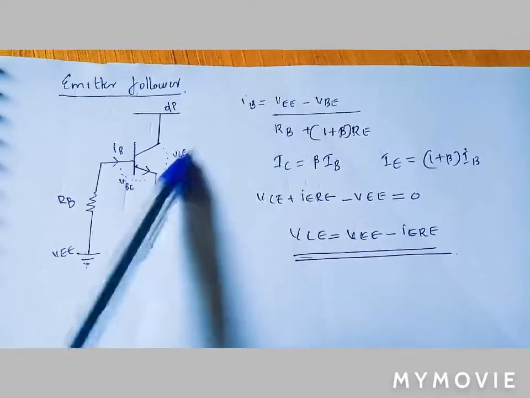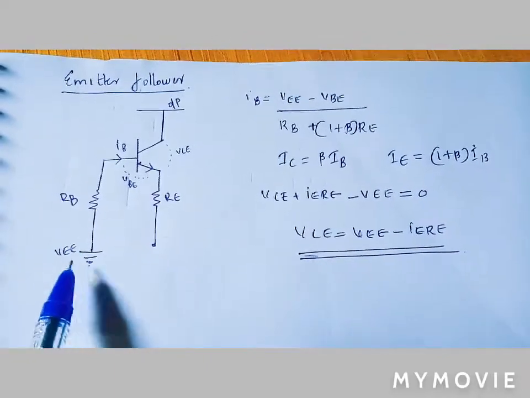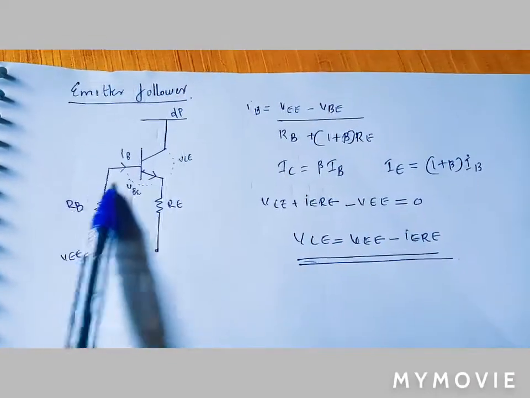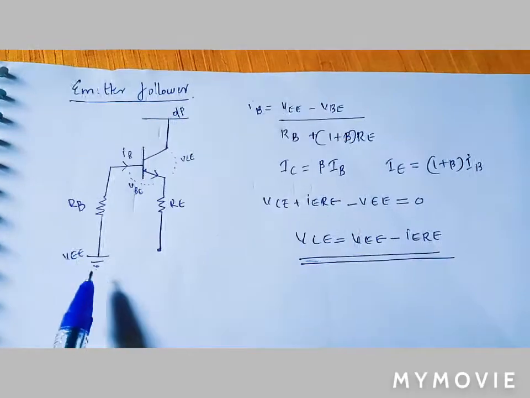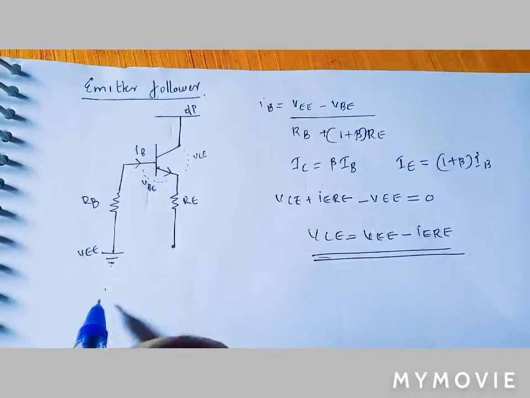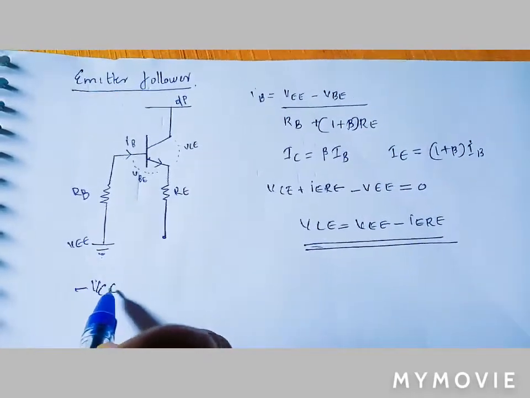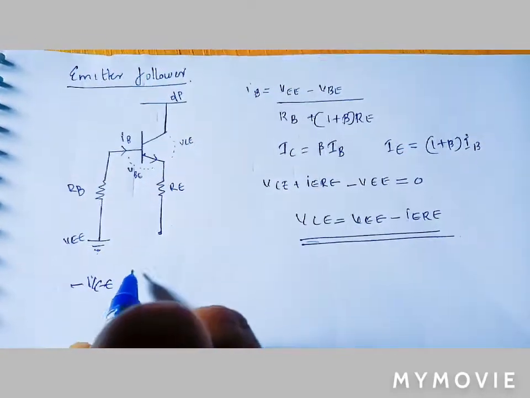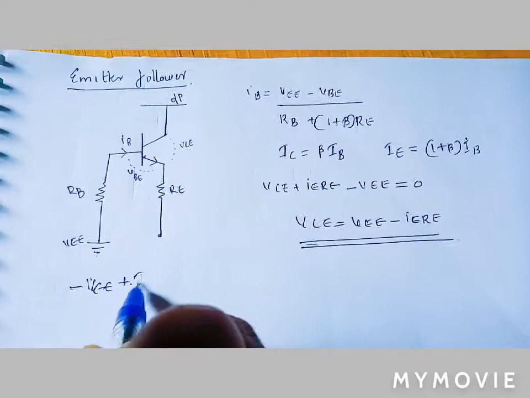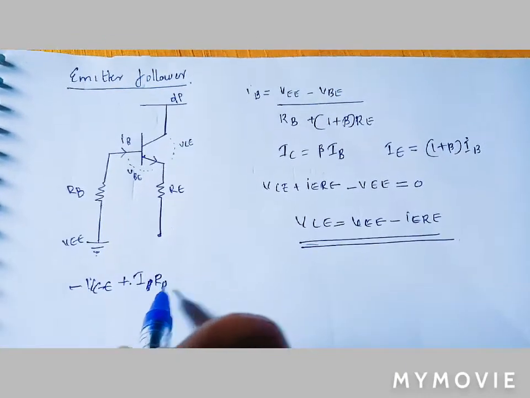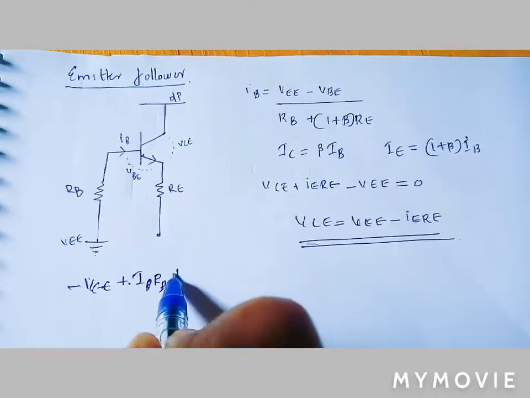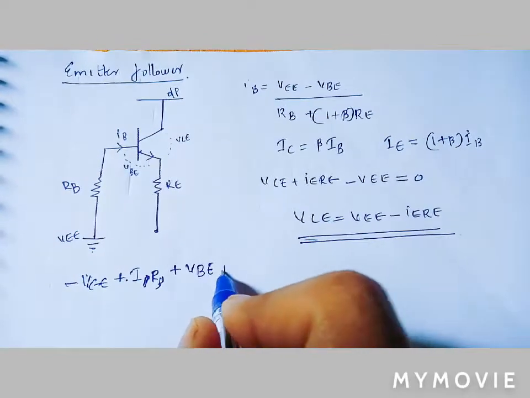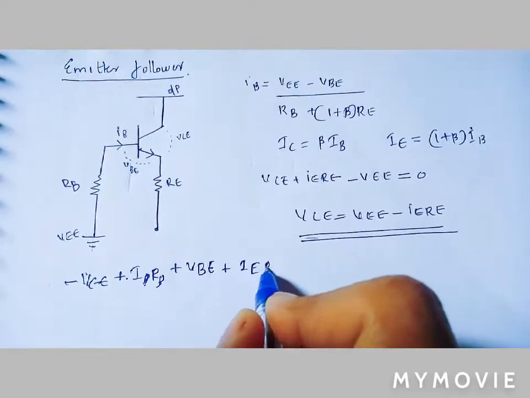To find IB, we apply Kirchhoff voltage law in the input, that is minus VEE plus IBRB plus VBE plus IERE.